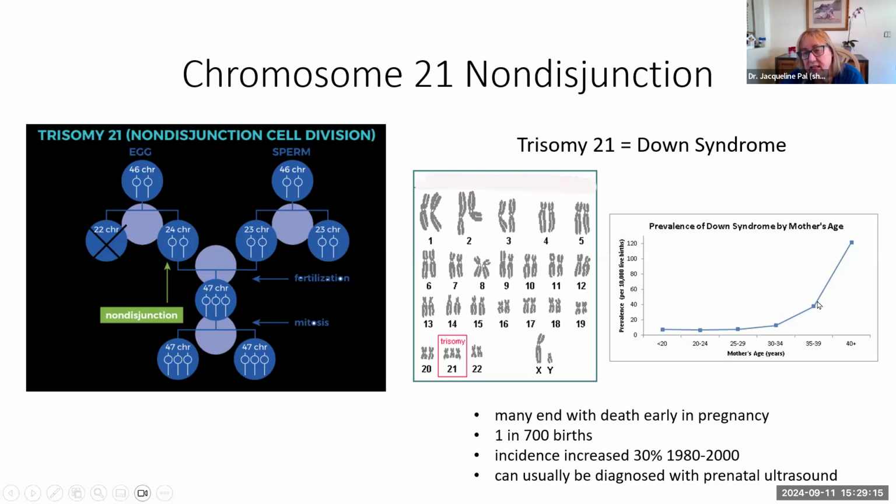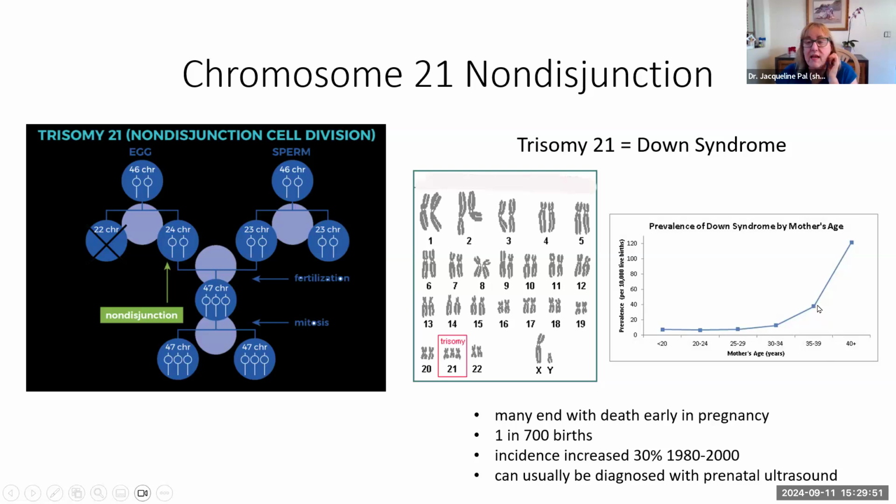We know as the age goes up, the incidence of trisomy 21 goes up because the mother's oocytes are older. Okay. They develop before she's even born. And so in her 20s, they're 20 years old. In her 30s, they're 30 years old. In her 40s, they're 40 years old. And so the chance of having non-disjunction just rapidly increases the older they are.